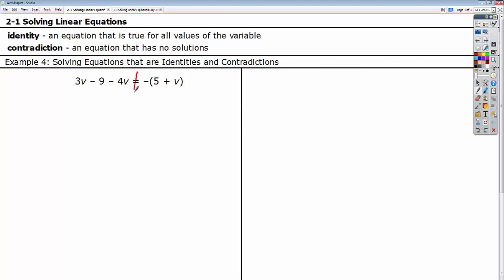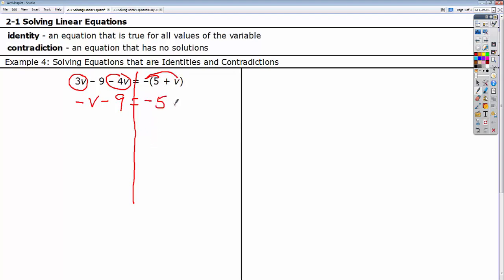Okay, so you're just going to go through the same process you always do. So draw your line down your equal sign. On the left side we notice we have like terms, so I'm going to combine those. Negative v minus 9 equals, and over here I have parentheses with a negative outside, so that leads me to distribute.